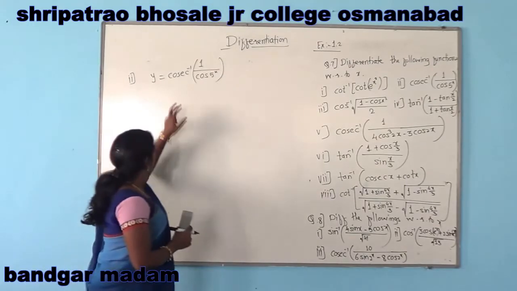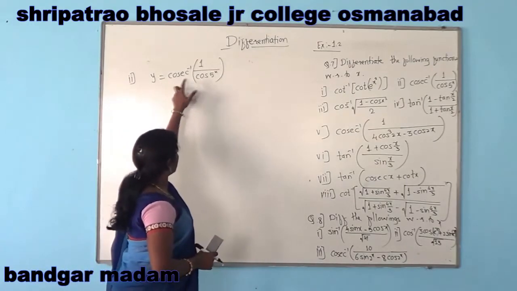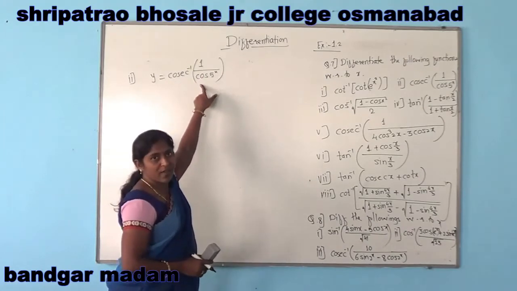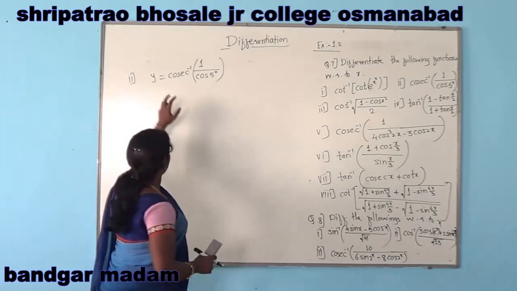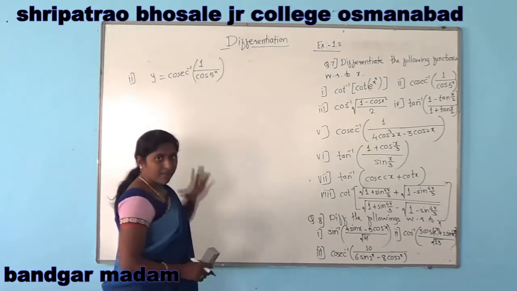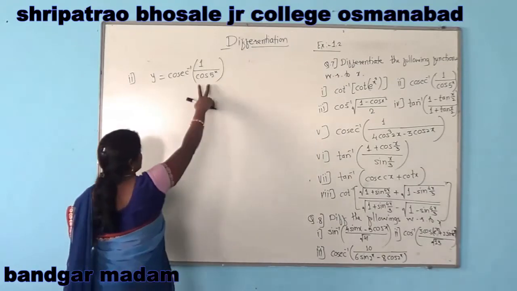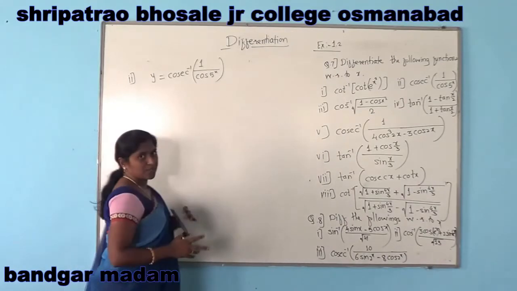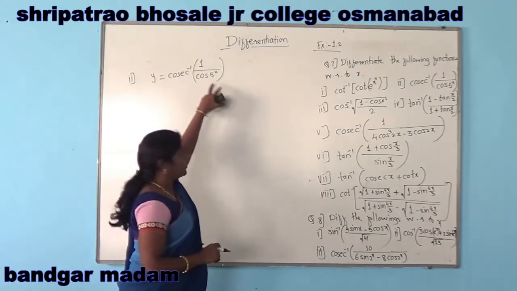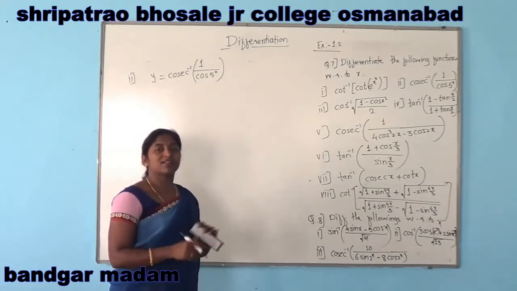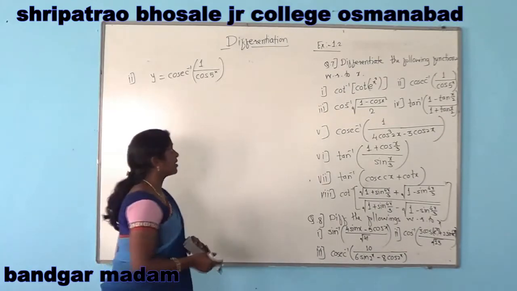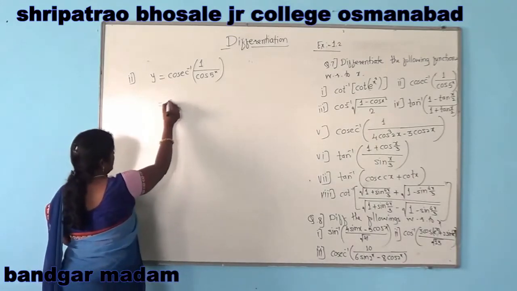Now, for y, cosec inverse of 1 upon cos 5 raised to x is given. To have a simplified form, we have to convert this bracket into cosec of the function, so that we can cancel cosec inverse and cosec, and we get the simplified form.